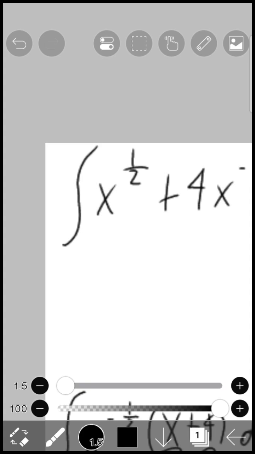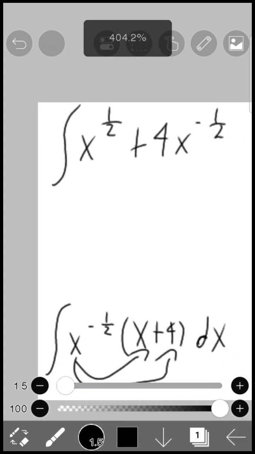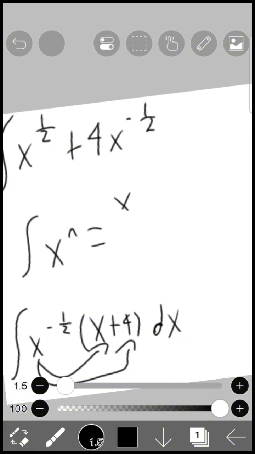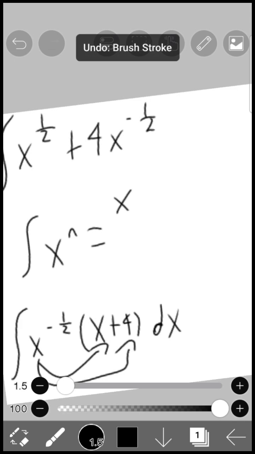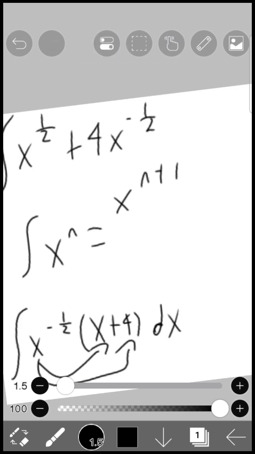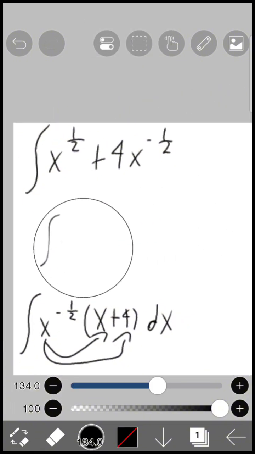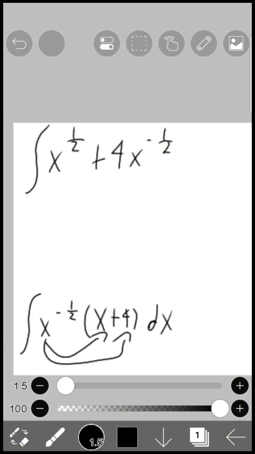According to the power rule, the integral of x raised to the n is equal to x raised to n plus 1 all over n plus 1. And I know, yes, my handwriting when it comes to n is very terrible. Thanks for pointing that out. Okay, so let's go ahead and apply it.